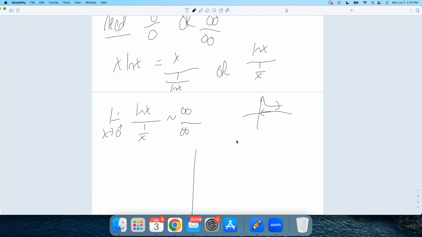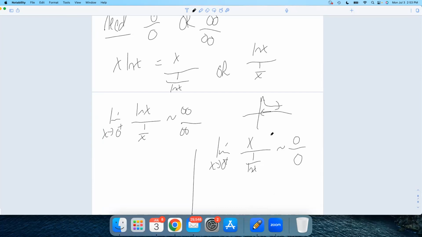The other guy, if I wrote this guy here, as x approaches 0, we're going to have to do a little thinking here. The top is going to go to 0. 1 over natural log of x. Natural log of x is going to negative infinity. 1 over infinity goes to 0.